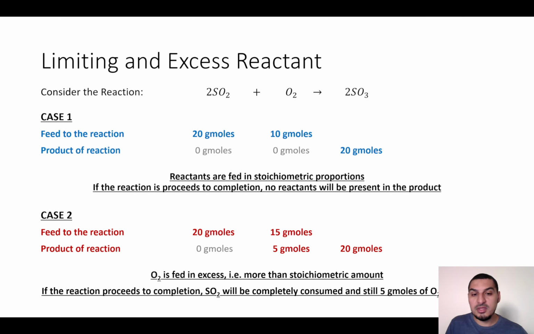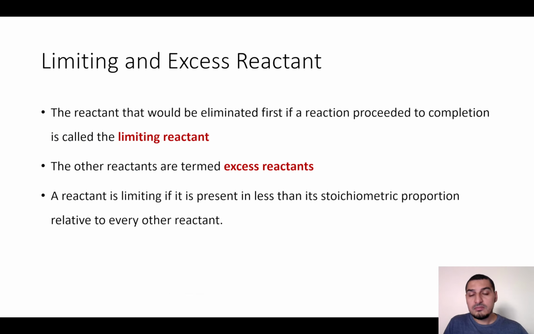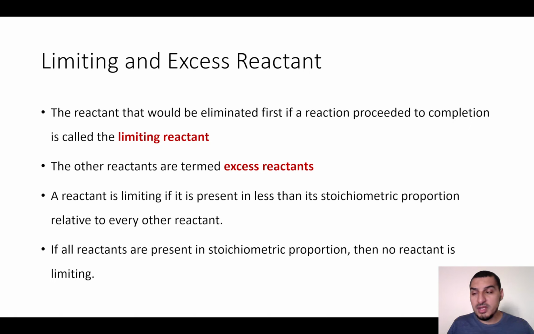Is it the limiting or the excess? If both reactants are fed to the reaction in the stoichiometric ratios, then there is no limiting reactant. They are both consumed the same way. So this is how we define the excess and the limiting reactant.